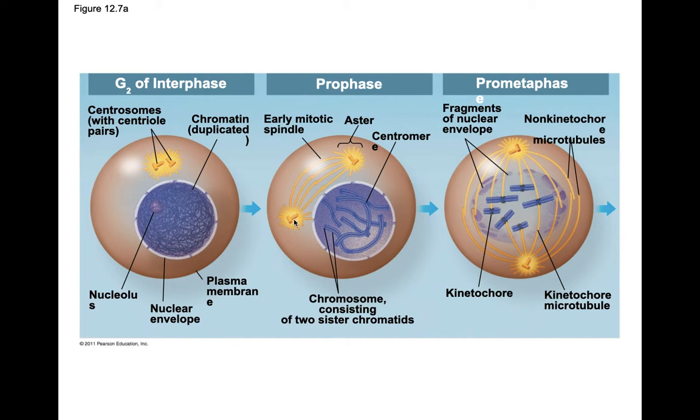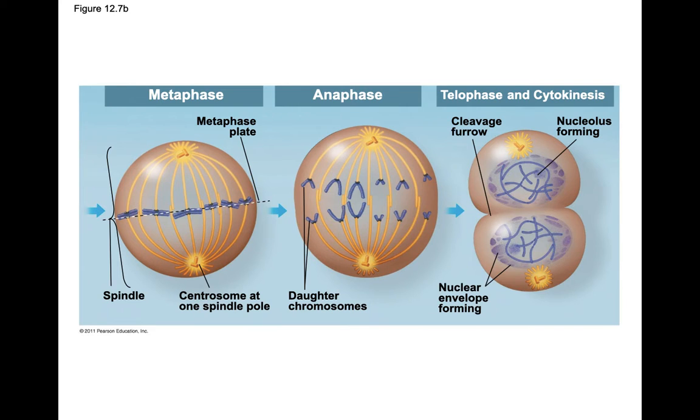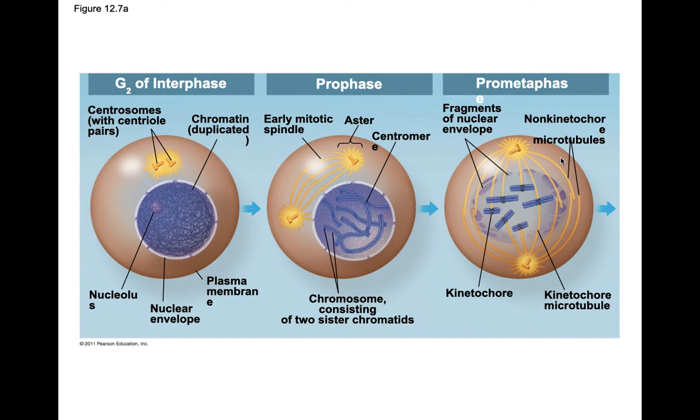And by the time we get to prometaphase, we've had somewhat of the initial dance occur. So we have our microtubules attaching to the centromeres, specifically at regions called kinetochores. And these are proteins that allow the polymerized microtubules to attach.